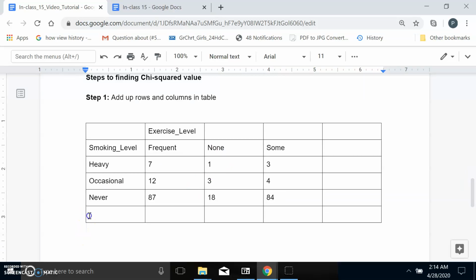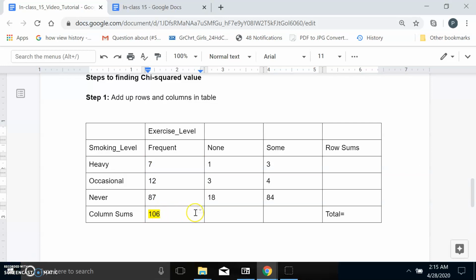I'm going to write column sums here. And over here, you're going to write row sums. Down here, write total. So the first column sum, you'd add these. That would be the column sum you'll put here. So adding those, we get 106.